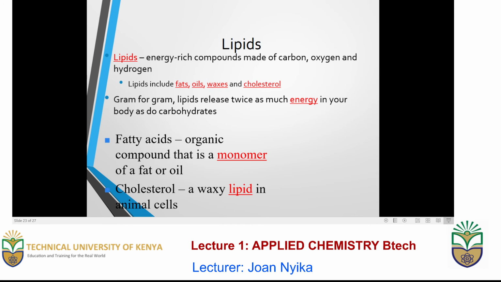I don't want to delve into the various characteristics of the examples of lipids such as cholesterol and fatty acids, but for your knowledge, you need to know that cholesterol is a waxy lipid that is found in animal cells, while fatty acids are organic compounds that usually have a monomer of fat or oil.